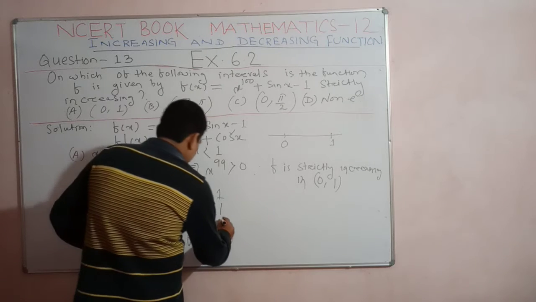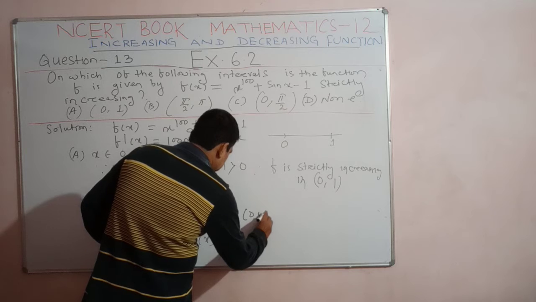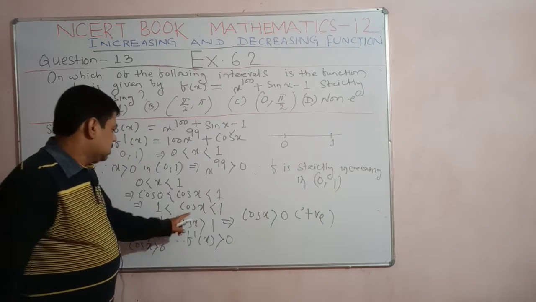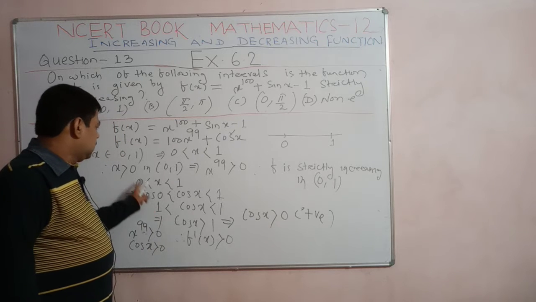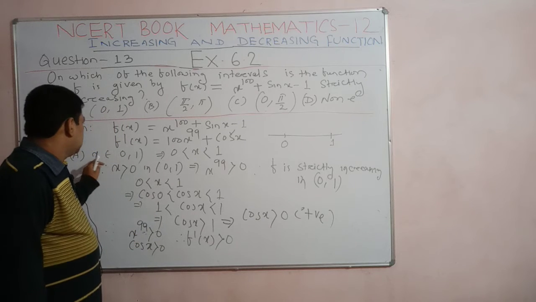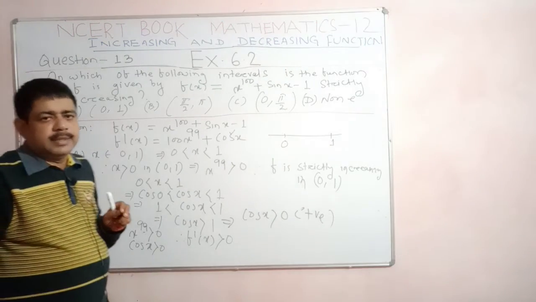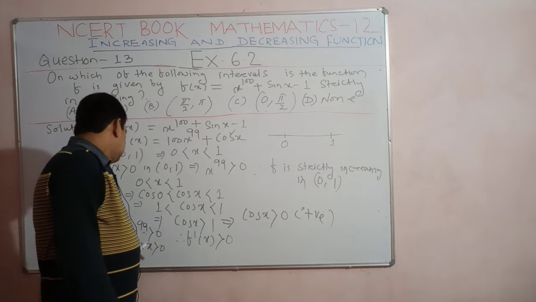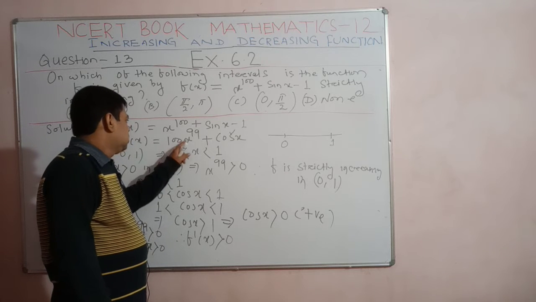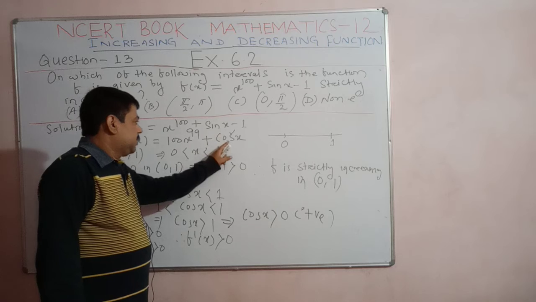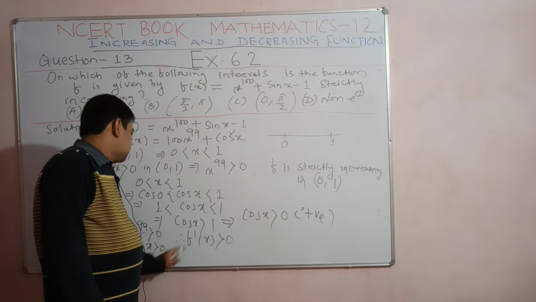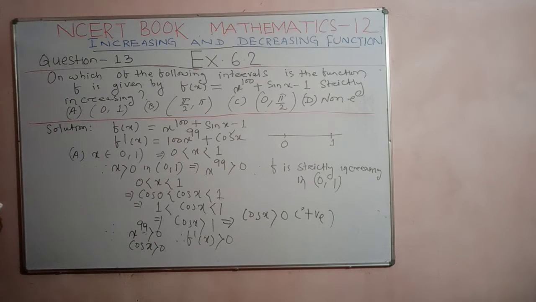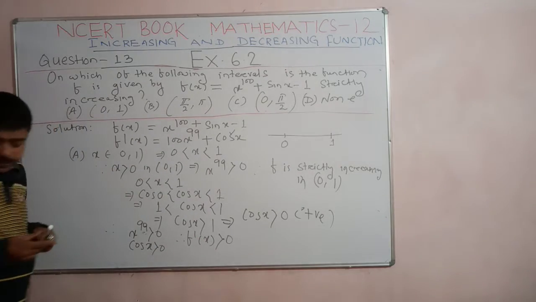As a result x^99 is greater than 0, and this part is also greater than 0. That's why f'(x) is also greater than 0. Hence f is strictly increasing in the interval (0, 1). So option A, the function is strictly increasing.